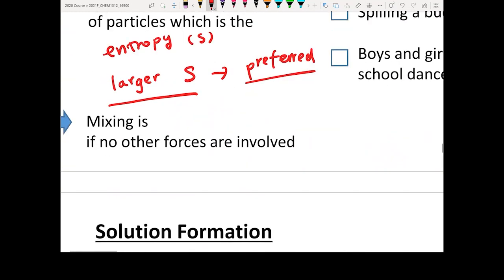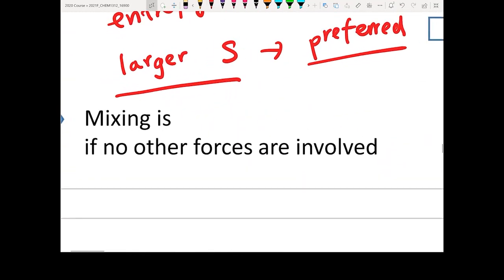In other words, if you look at the next sentence, mixing is a spontaneous process. So if you don't consider the interaction between your solute and solvent, you just consider the mixing process, this process is always a favored process. All right.